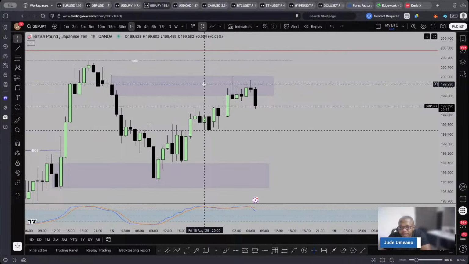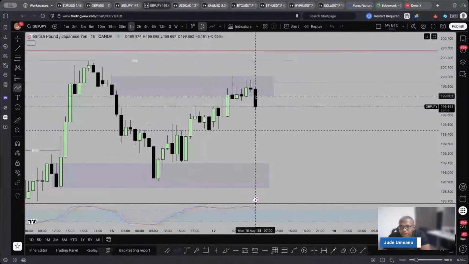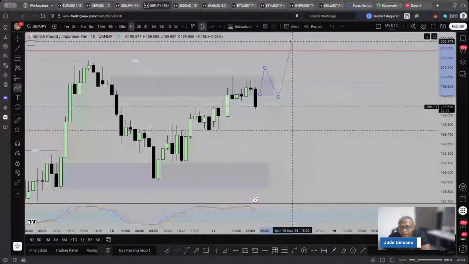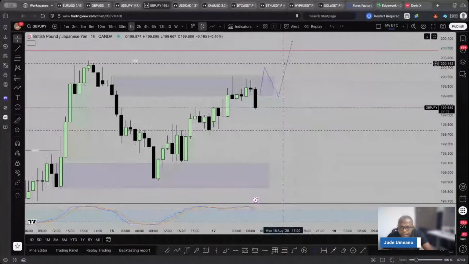So it just means that this might hold, or if we see it broken, if we have broken out of this supply zone, then we can say we're going higher.